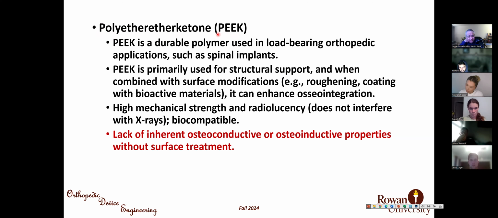The knee implants are usually made of metals. For the first phase of clinical research, it is the first time that PEEK is approved for clinical research as a knee or hip implant.